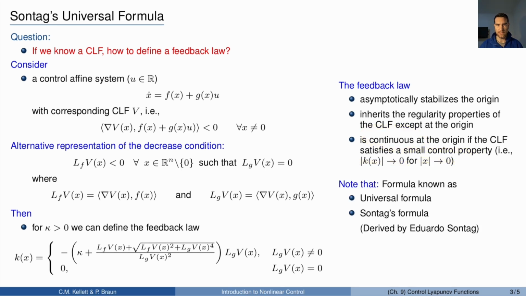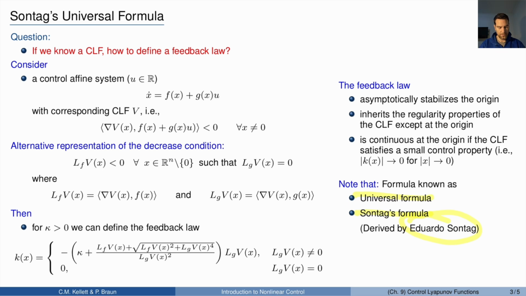Well, how do you find this feedback law in the literature? It's known under the name universal formula or Sontag's formula, going back to Eduardo Sontag, who proposed this particular feedback law in one of his papers.